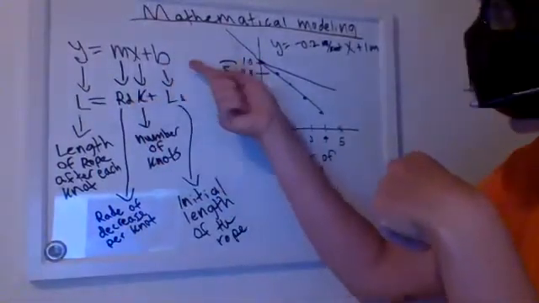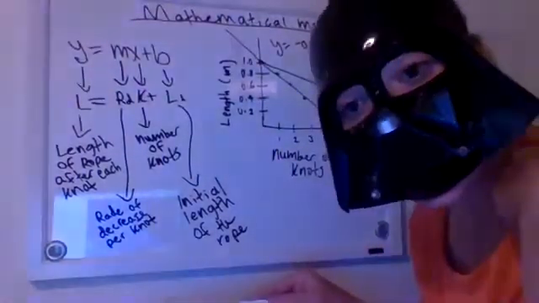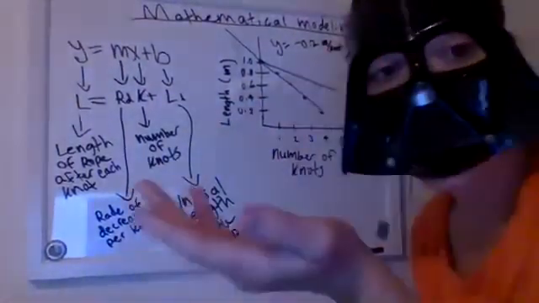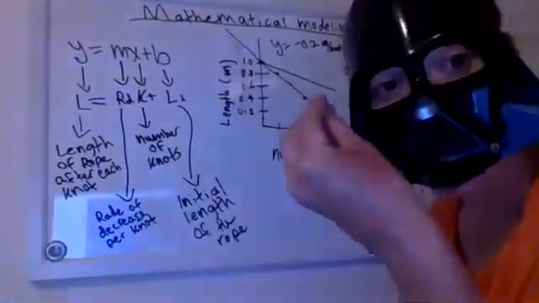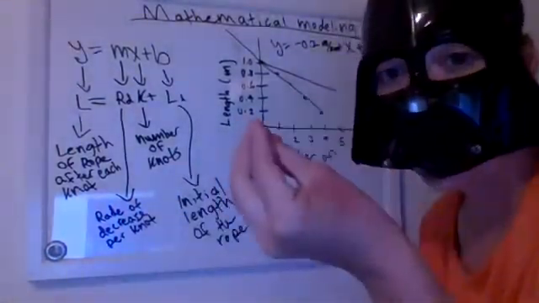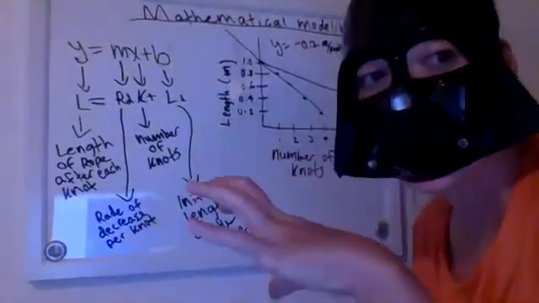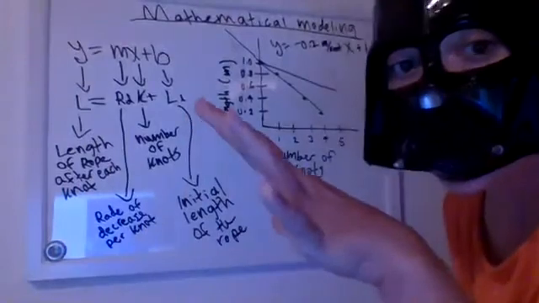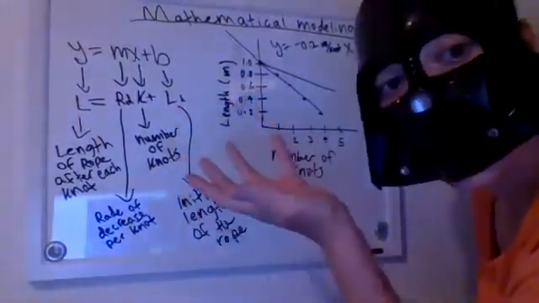Same thing for the y-intercept. Now, there's a couple of different cases with the y-intercept. Your y-intercept could always be 0. So if you get a 0 y-intercept, you want to look at your lab and be like, is there a reason why every time I repeat this experiment, it's always going to be 0? That would not be the case for this Not Fun lab, right?